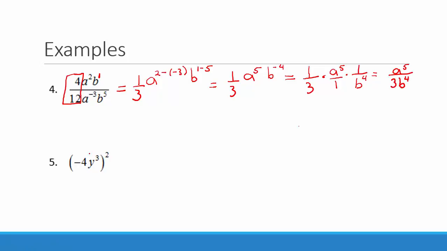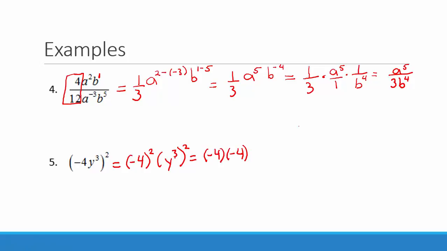Here we have a product to a power. So we're going to take the square and distribute it to each of the factors that are in the parentheses. So we're going to raise the -4 to the second power and the y to the third to the second power. Negative 4 squared means negative 4 times negative 4.